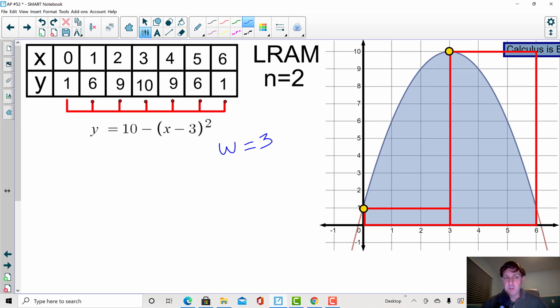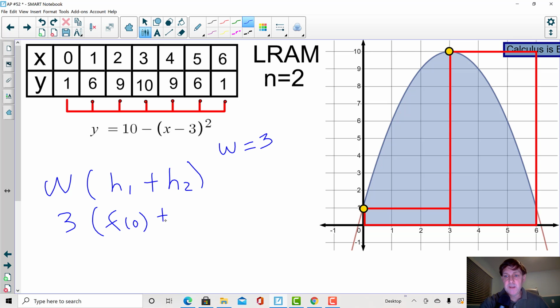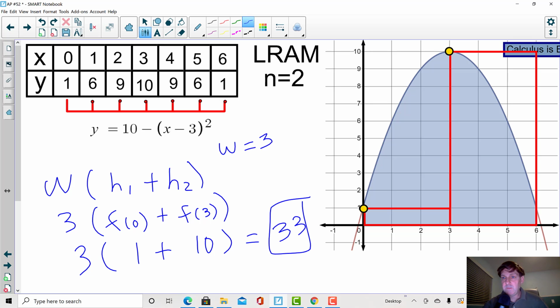So we know our width is going to be 3. And if we use the formula, we can do the width on the outside and then times the 2 heights. Our width is 3, and our first height is going to be f of 0. Our second height is going to be f of 3. f of 0 is 1, and f of 3 is 10. This estimate is going to give us 33, and that's it.